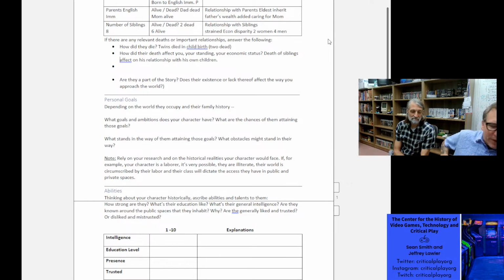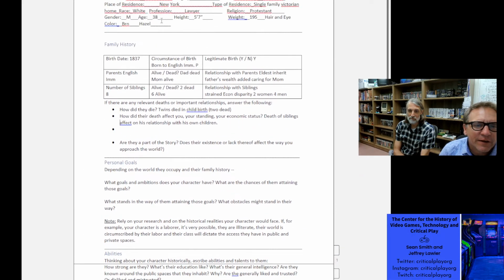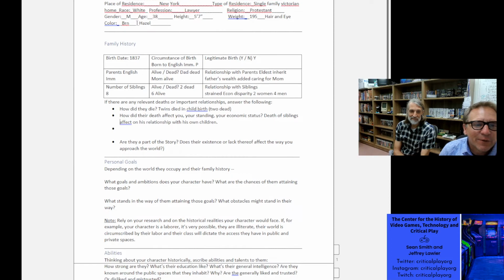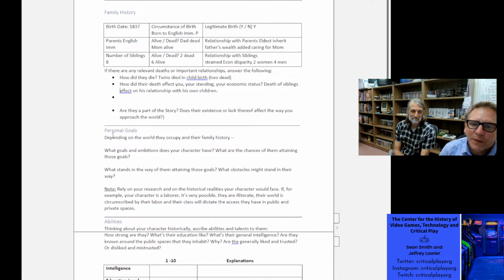So this is how this is going to work. We're now 45 minutes into talking about this in depth and we've gotten maybe half across the first page of this character sheet. But there's a benefit to having to think through all of this.